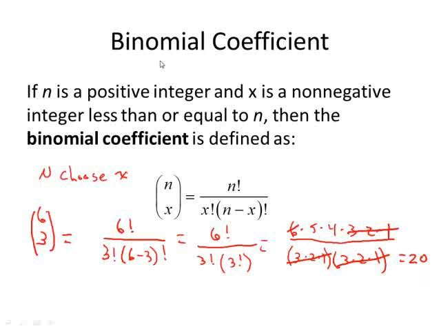Okay. So some other ways that you can see this written would be nCx. Sometimes they use r instead of the x. Okay. So if you want to use your calculator to compute this, first you enter the 6, and then again go to math and then go over to the PRB.